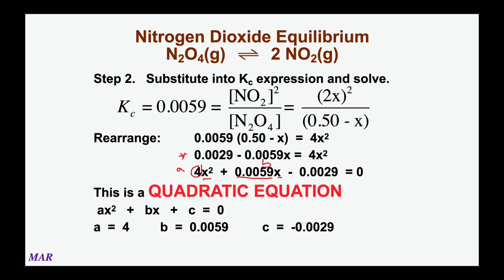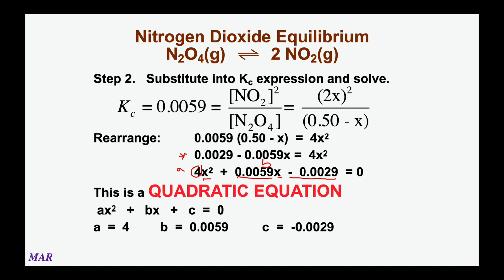And c here is negative 0.0029. So if you have a problem like this, write it as a quadratic: ax squared plus bx plus c equals 0. And here c is a negative number. That's fine. a can be negative, b can be negative, whatever.